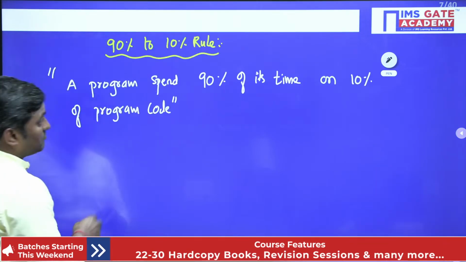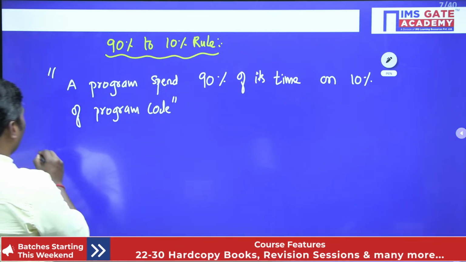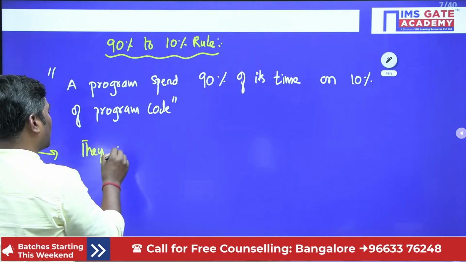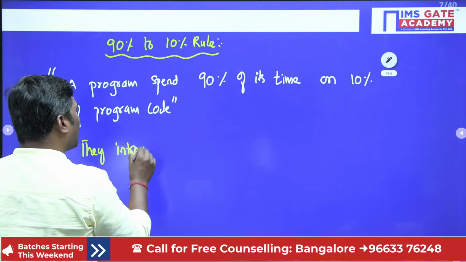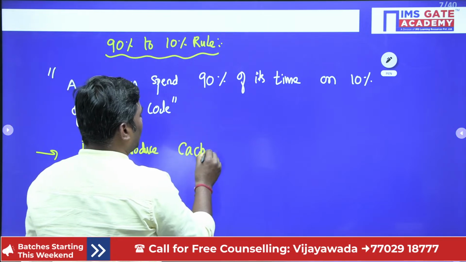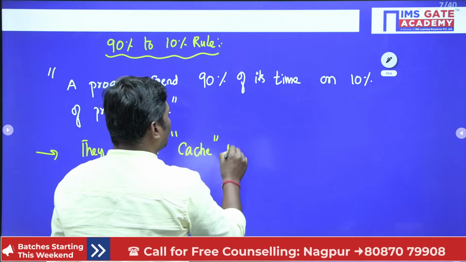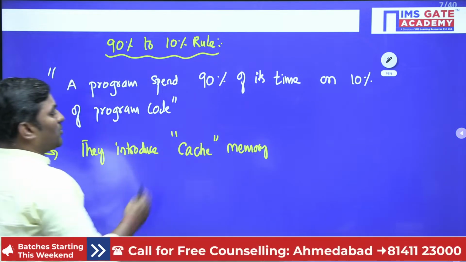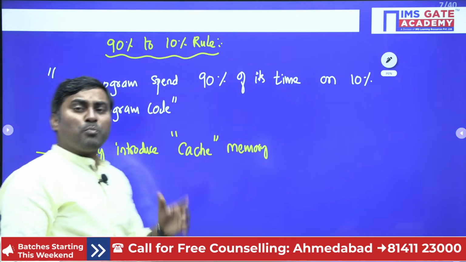Now see, based on this observation, please understand, they introduced a new type of memory called cache memory. Cache memory was introduced. What is the purpose of this cache memory?